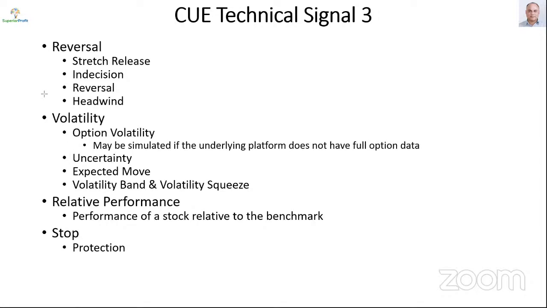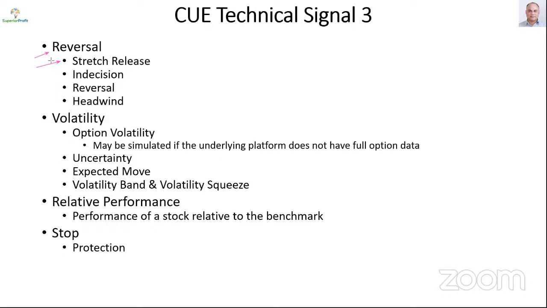Once the overbought, oversold condition goes away, then the stretch displays a stretch release. That is one of the reversal signals. Bullish release happens at the bottom, bearish release happens at the top.